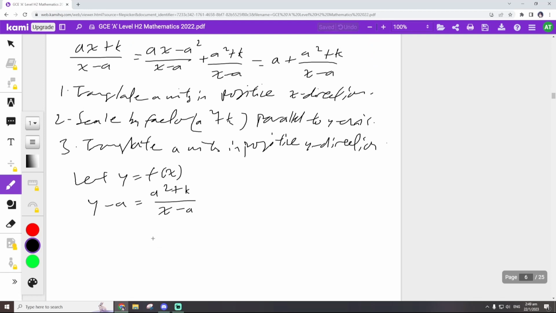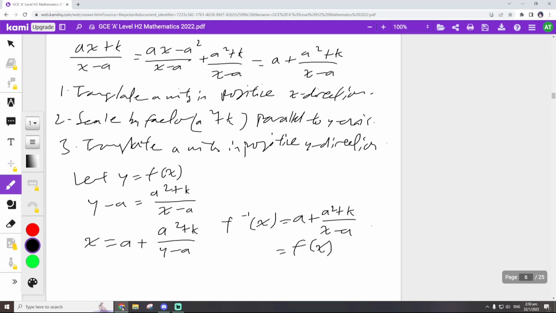Make x the subject, so I have x equals a plus (a squared + k) over (y - a). Okay, and therefore f inverse of x is a plus (a squared + k) divided by (x - a), which is f of x, interestingly enough.